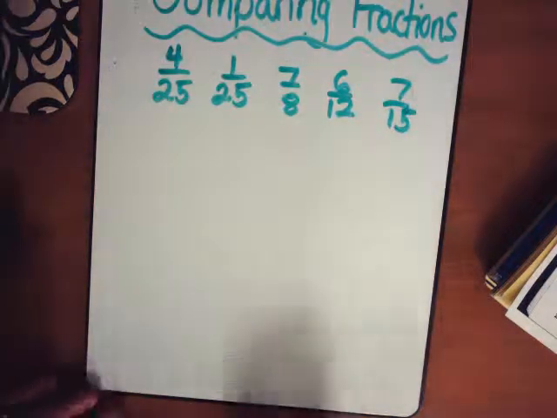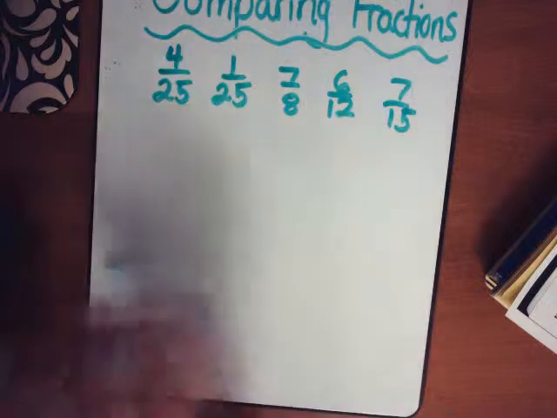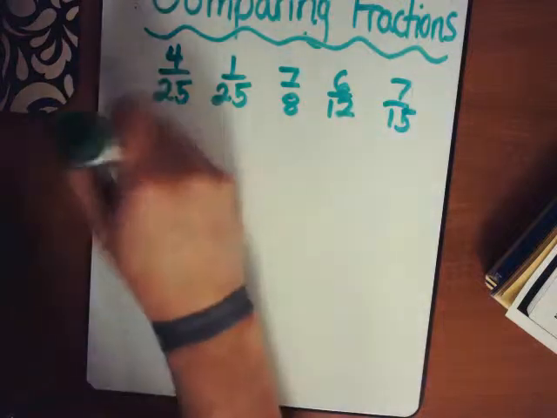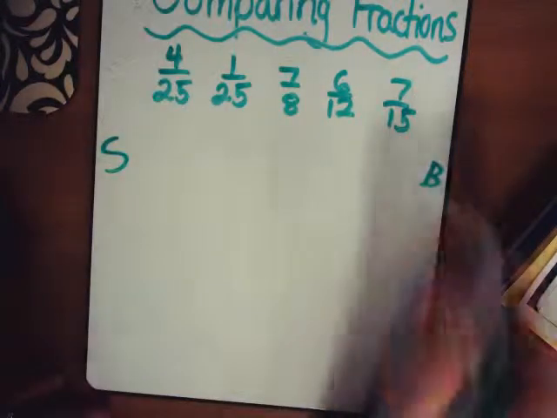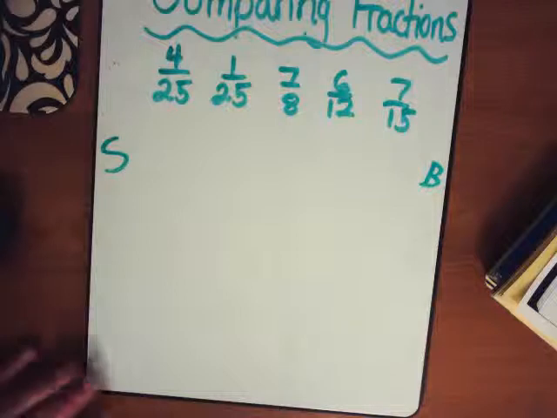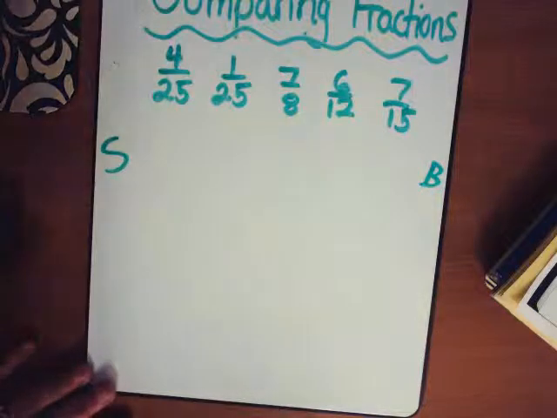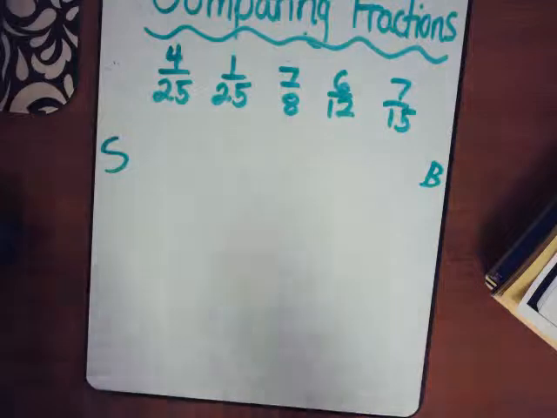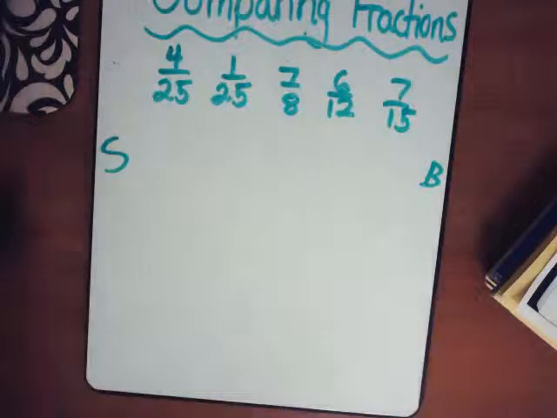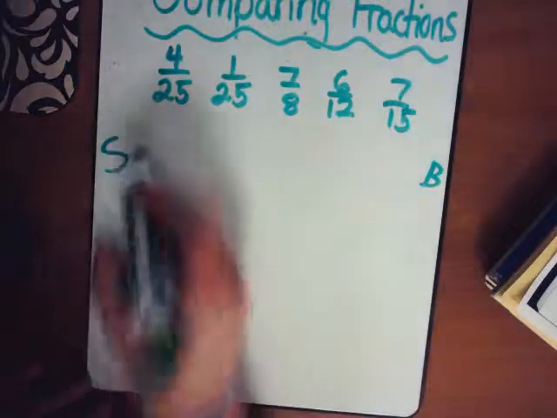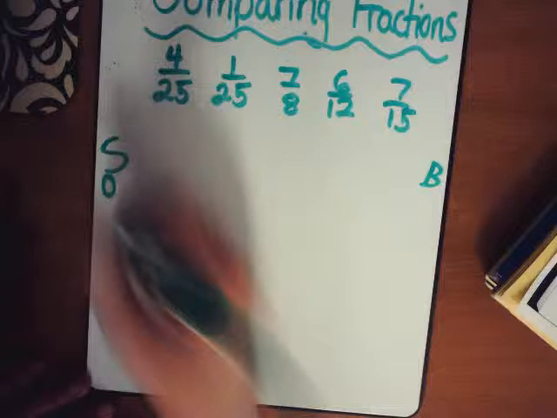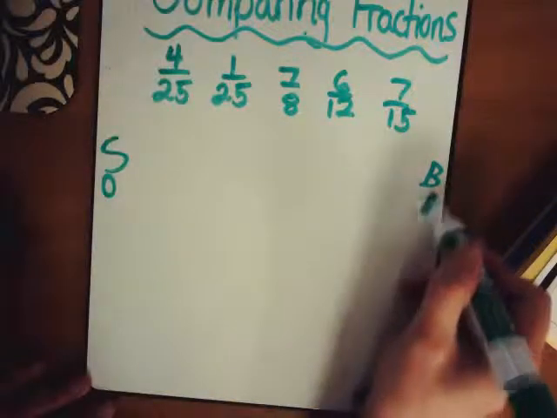Okay, and we are going to go from smallest to biggest on this. If you remember in our math message, we're going to compare and think about them in terms of a half, asking ourselves whether it's bigger than or less than a half. My smallest will be 0, my biggest will be 1.